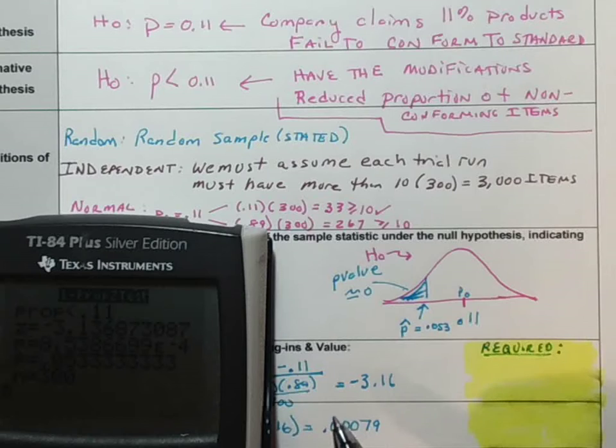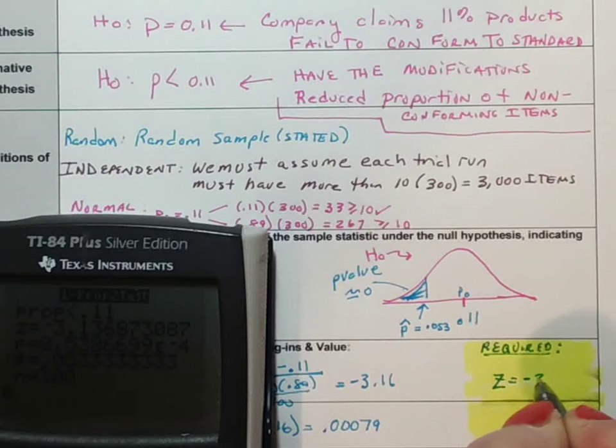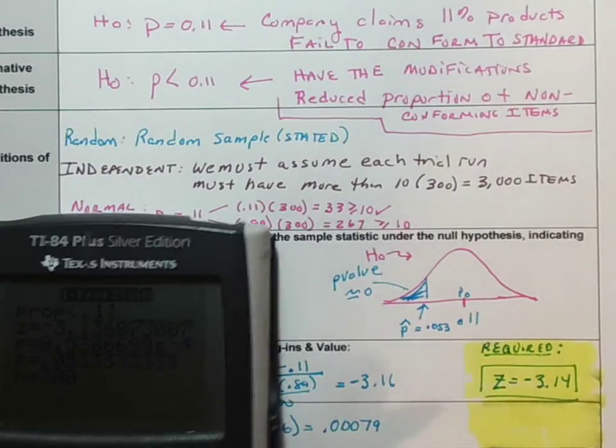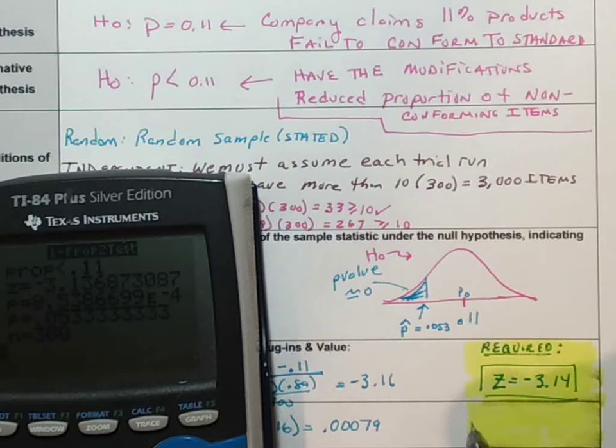And so my z is equal to negative 3.14. And this is my p-value. My p-value is equal to 0.00085.